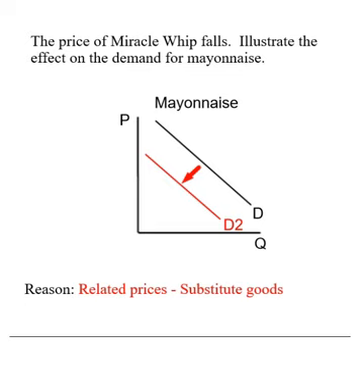So, if the price of Miracle Whip falls, you would decide to buy Miracle Whip because it's now the cheaper alternative. So if one of them is cheaper, the other one, the substitute, mayonnaise, the demand for it would decrease. So we have a left shift to the mayonnaise curve because they're related substitute goods.